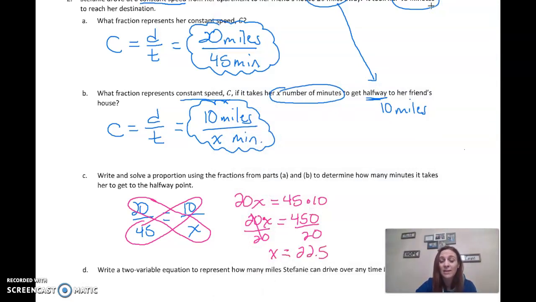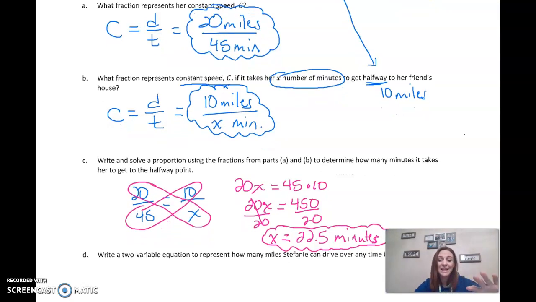What does that mean? Well, x is the number of minutes, so it takes 22 and a half minutes. Just like we did before, we're writing different ratios, fractions, and setting them equal to each other to solve for the unknown.